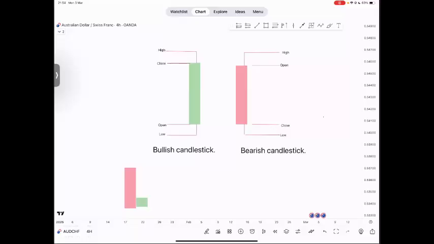So candlesticks are just representations of buyers and sellers in the market. Whatever pair that you open, you would see these candlesticks and examples of what they've done tonight.